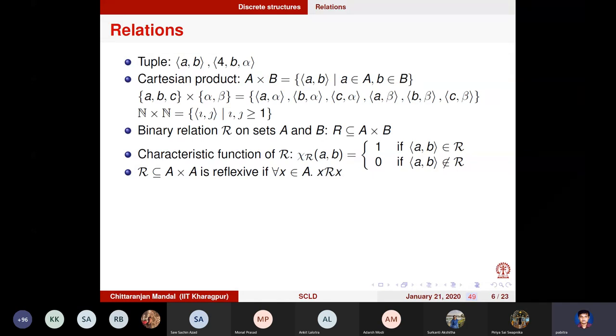Just to quickly recapitulate for people who have not done the discrete structures course. A Cartesian product of two sets is all possible tuples that you can construct using a pair of elements, one from each set.